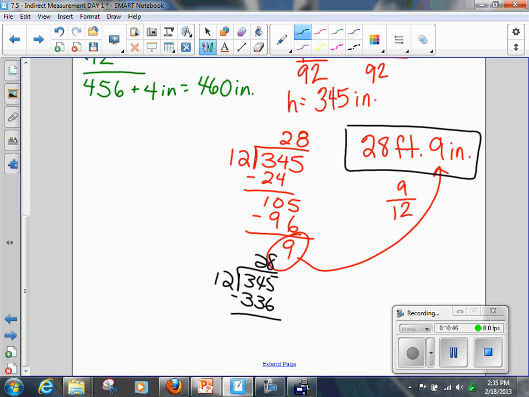And then I would subtract that, and I would get my remainder of 9, which means 28 feet and 9 inches. In the calculator, that's the way I can get around doing long division. But I have to physically see the remainder. That's just the way my brain works. But that's what you're going to end up doing.